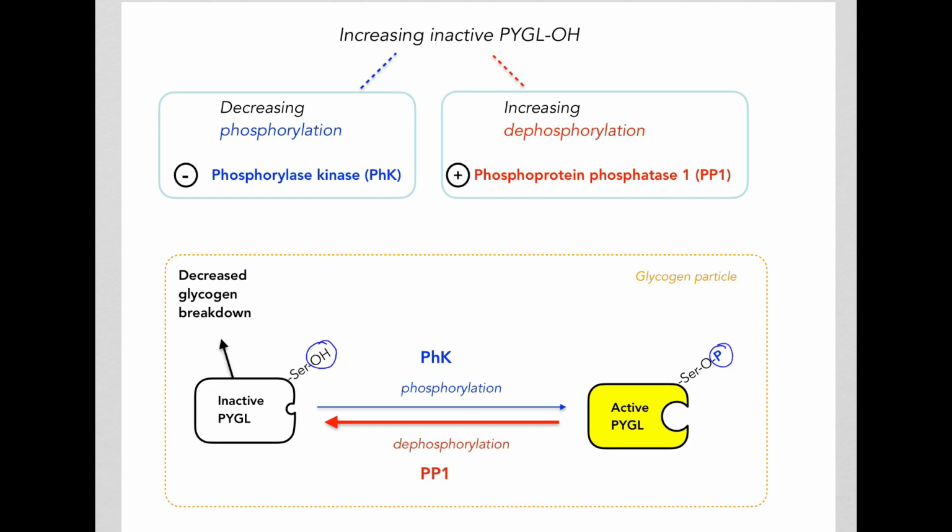However, unlike glycogen synthase, the active form is the phosphorylated form, while the inactive form is the non-phosphorylated form. So insulin increases the inactive form, either by decreasing phosphorylation or increasing dephosphorylation.